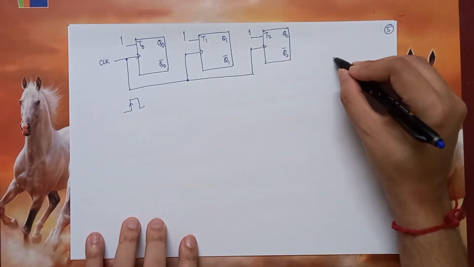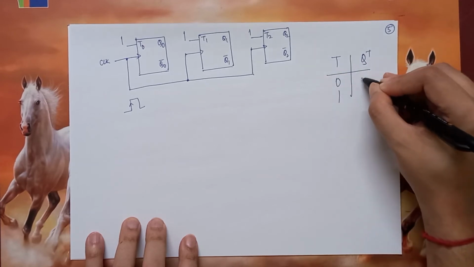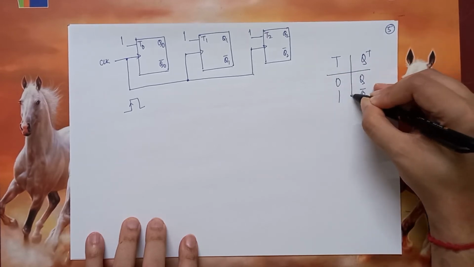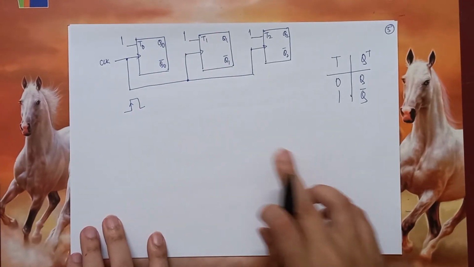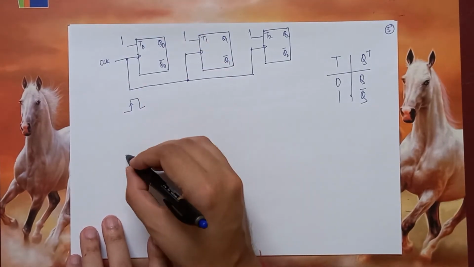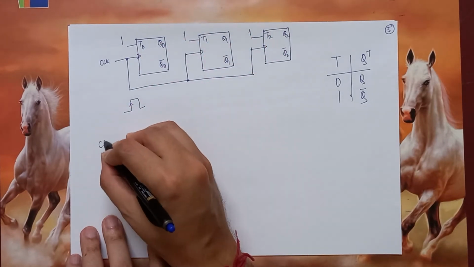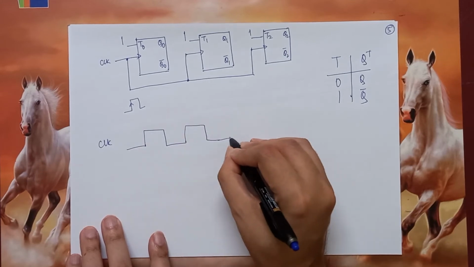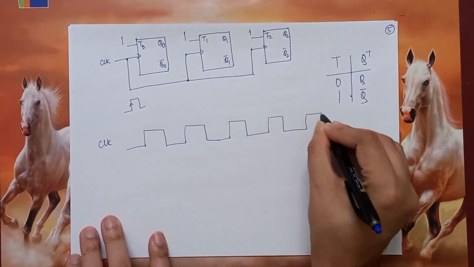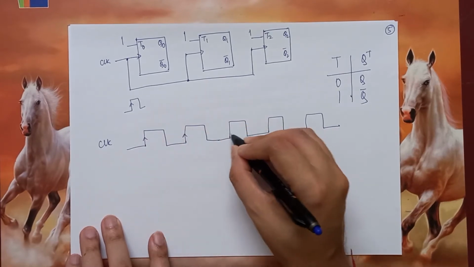Then, as you know, for the T flip-flop, the state table looks like this. So if you assume that initially all the Q values are 0, then the clock comes like this, and let's say they are positive edge triggered.